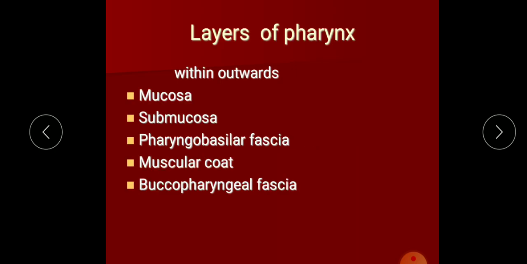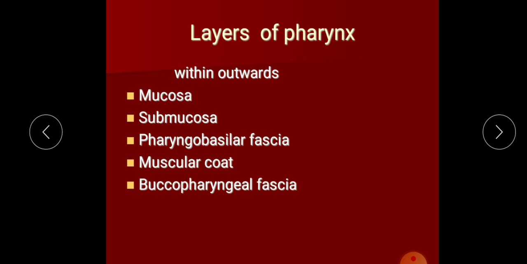So imagine any wall of the GIT will be having different layers. Just like that, pharynx has also got these layers. So I am talking about the layers from inside to outside. Fine. From within outwards. So what are the layers? The innermost layer, of course, you know, that is the mucosa. And outer to the mucosa, you find the next layer.